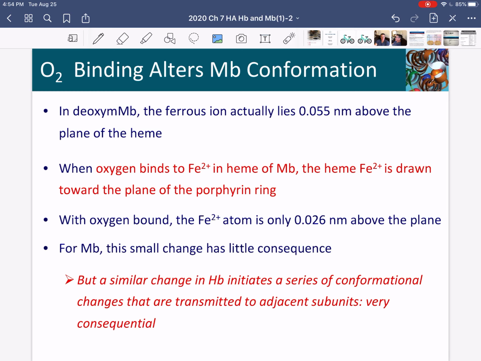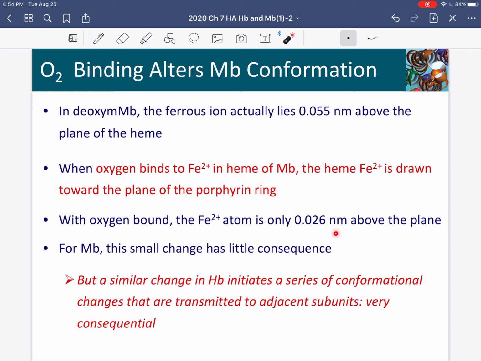However, when oxygen binds to the Fe2+ in the heme of myoglobin or hemoglobin, the heme iron is drawn toward the plane of the protoporphyrin ring. So the oxygen is actually pulling the iron down into the ring, making that protoporphyrin ring heme with its iron a little bit flatter.